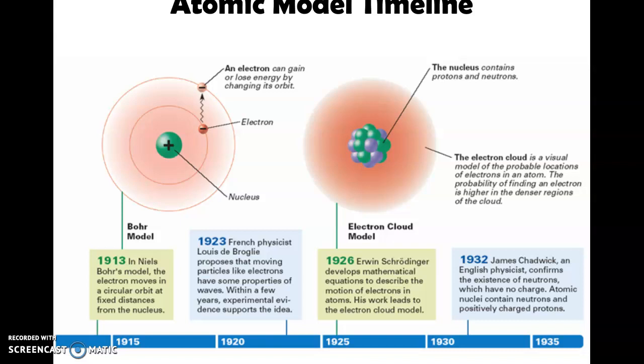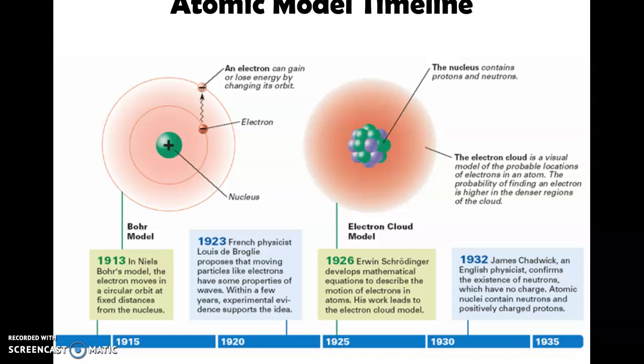Now notice we say probable. We say probable because they move so quick, right, that by the time it took you to pinpoint one electron, it would have already moved, right? So we say probability. So the probability of finding an electron is higher in the denser regions of the cloud.